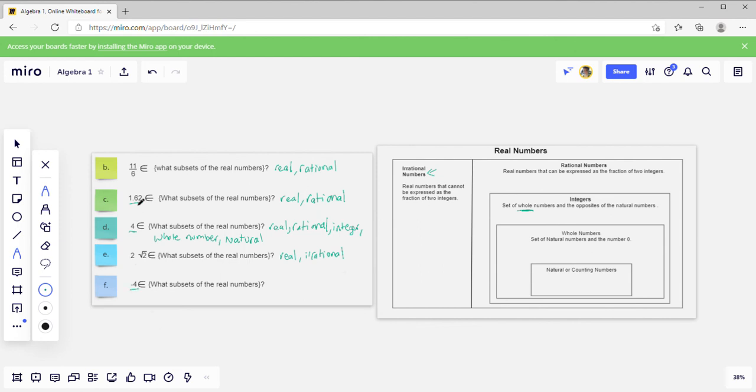All right, negative 4. That's a real number. Is it irrational or rational? That would be rational because you could do negative 4 over 1, and you could write it as a fraction. So that's rational. It is also an integer because it's a whole number or the opposite of the whole number. So integer.